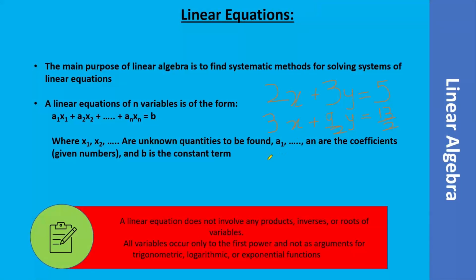So if I reduce this equation to normal one, without the fractions, it will be 6x plus 9y equals to 13.